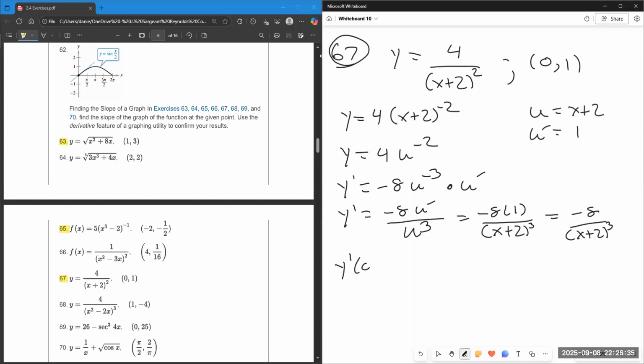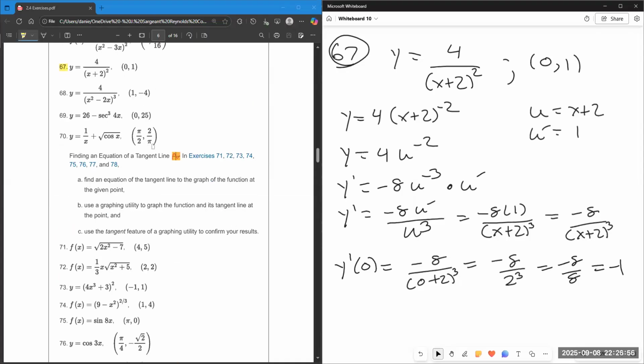Y prime at 0 is negative 8 over 0 plus 2 to the third. Negative 8 over 2 to the third is negative 8 over 8, which is negative 1. Scroll on down now to 79.